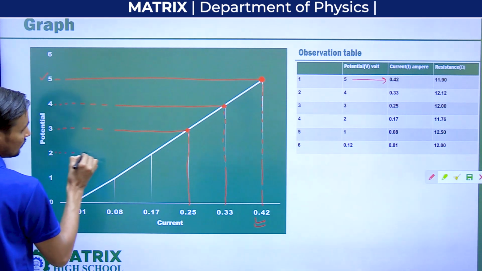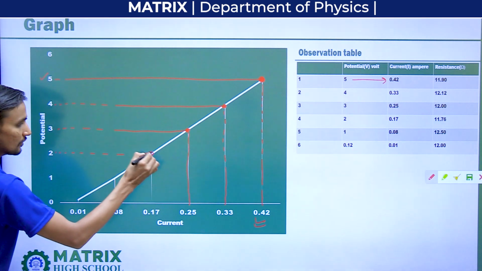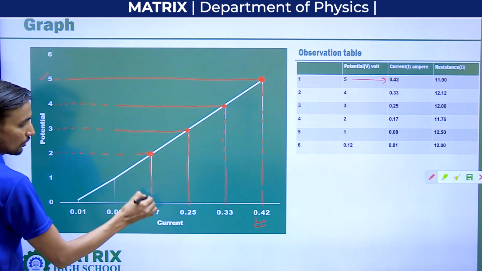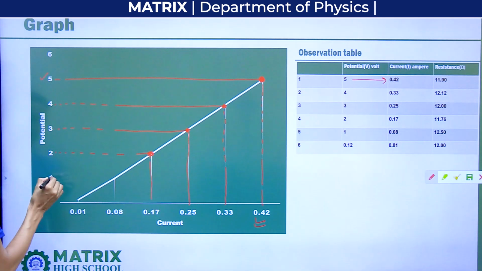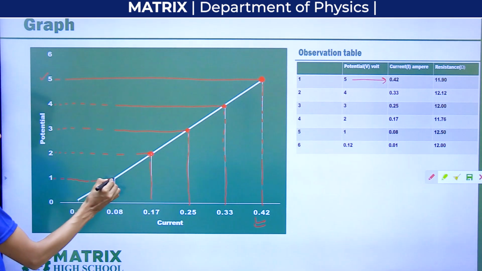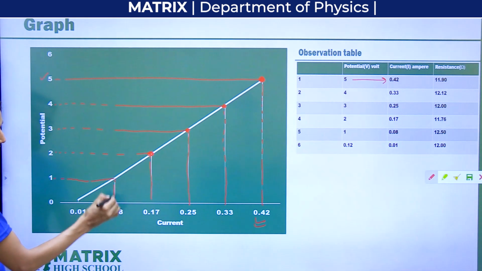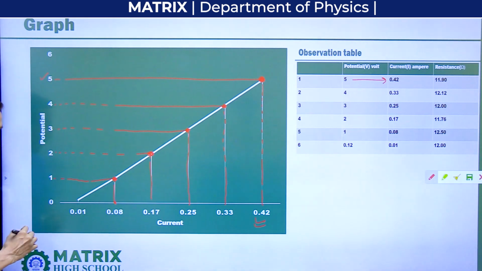If we take potential 2 volt, then current is 0.17 ampere. If we take potential 1 volt, then current is 0.08 ampere. If we take potential at 0.12 volt, then current is 0.01 ampere.